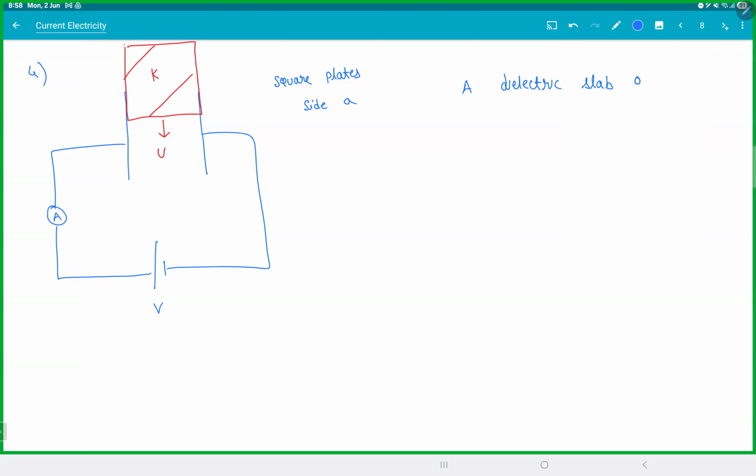A dielectric slab of length A, the same length as the plates, enters a capacitor with a constant speed U. Plot the current versus time graph.